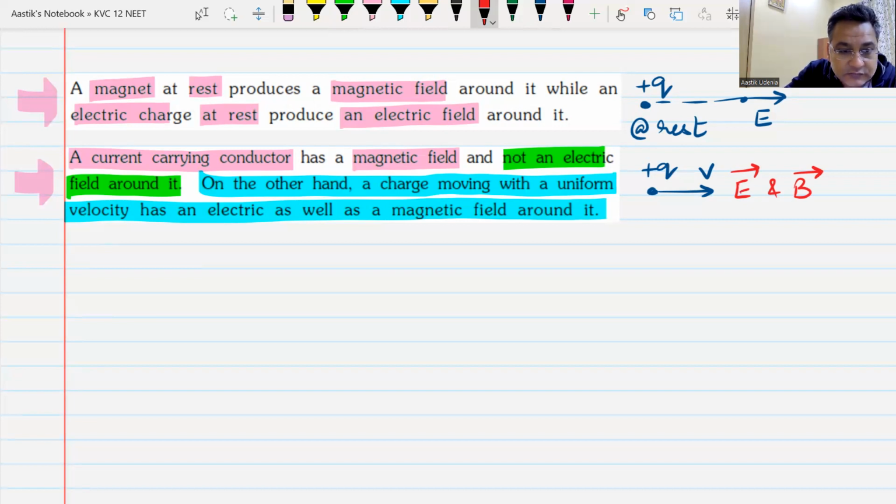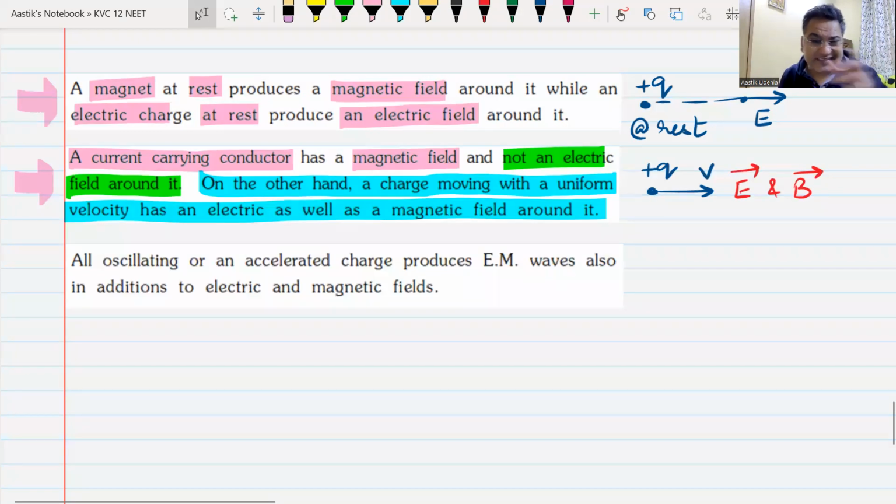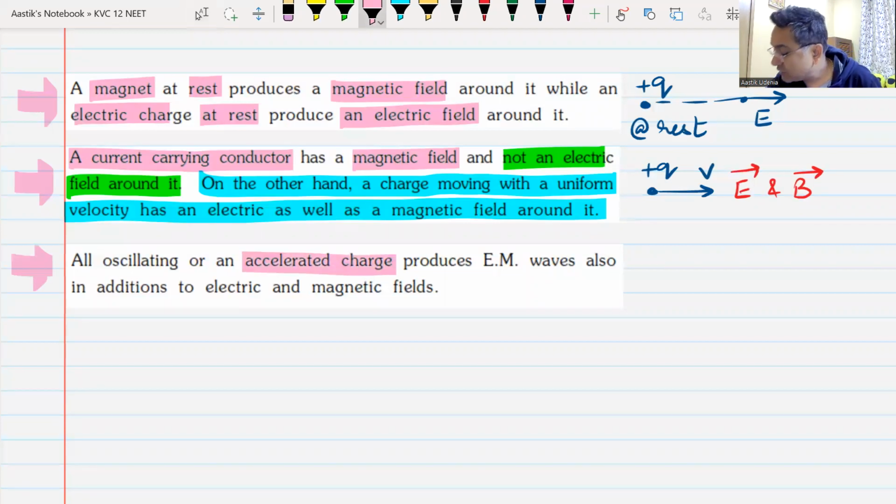Now we can have a charge which is accelerating. It has an acceleration, an oscillating charge or accelerating charge. It produces EM waves, electromagnetic waves. That is the last chapter of this electromagnetism.